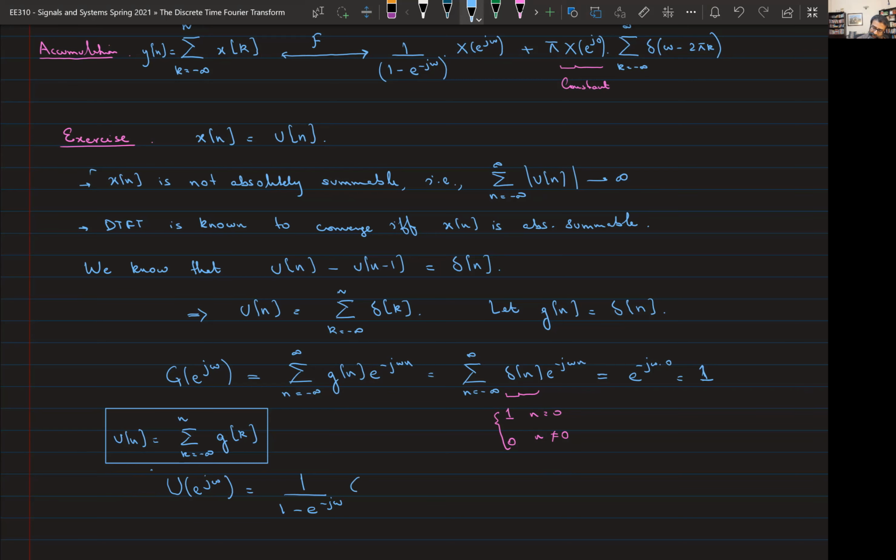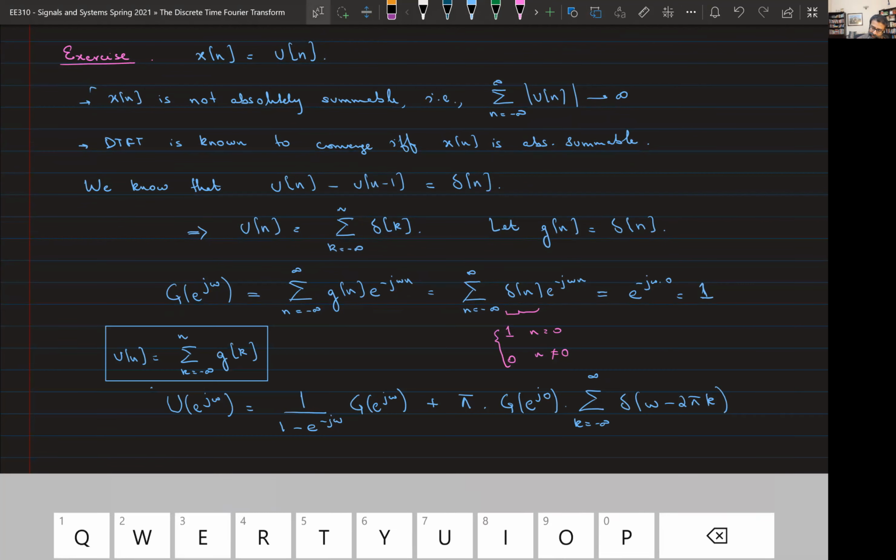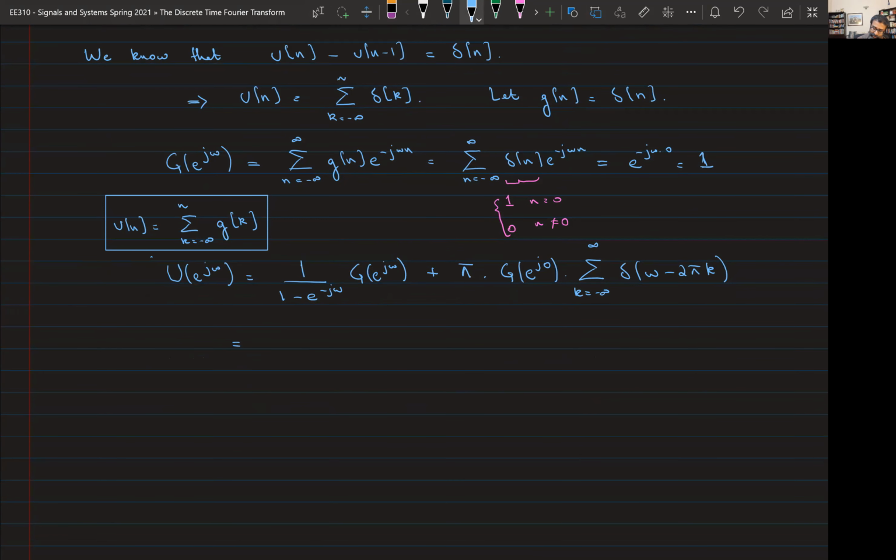So this is G of e raised to power j omega plus pi times G of e raised to power j 0 times summation k going from minus infinity to plus infinity delta omega minus 2 pi k. And I have the result here, right? So this turns out to be equal to 1 upon 1 minus e raised to minus j omega.